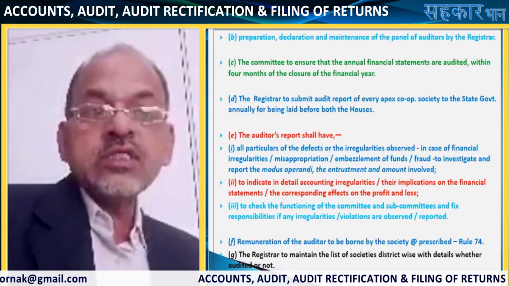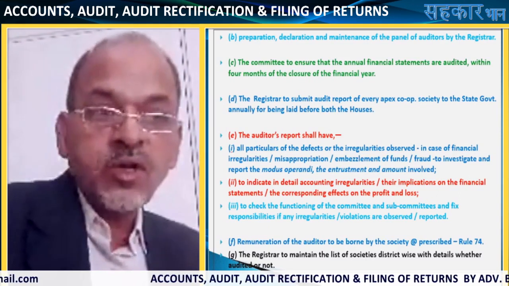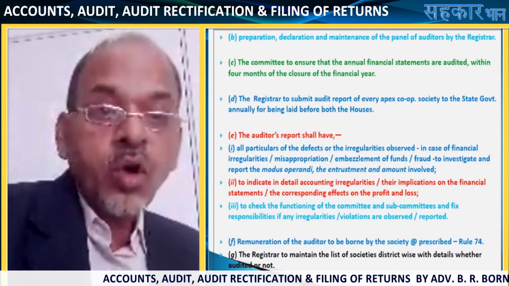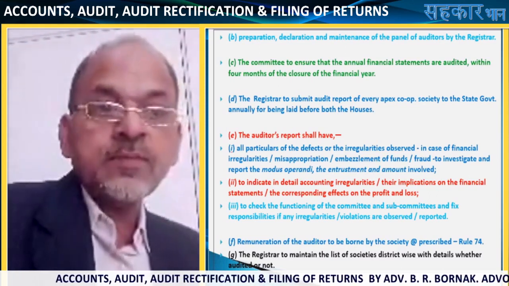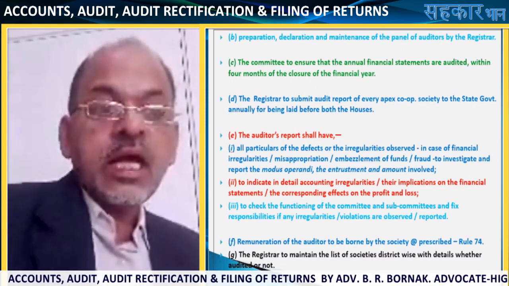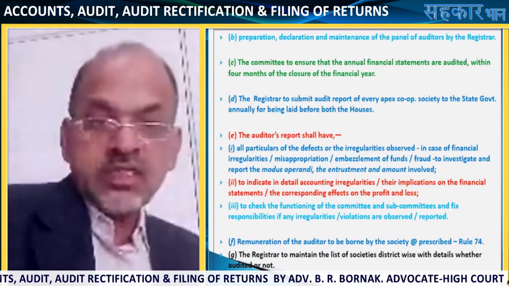the concerned office bearers of the society, the interestment, means who is responsible for this, and the amount involved, what amount of misappropriation is there, embezzlement of funds is there, or fraud is there. Detailed, investigated and reported by the auditor in his audit report.